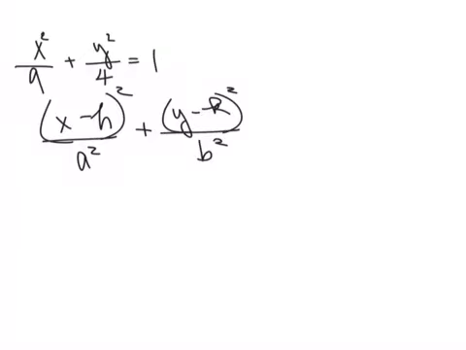Okay, so on the other example, let's go ahead and get rid of this 9. Remember, this is an a squared, and this is a b squared. So it's just a letter representing a number.